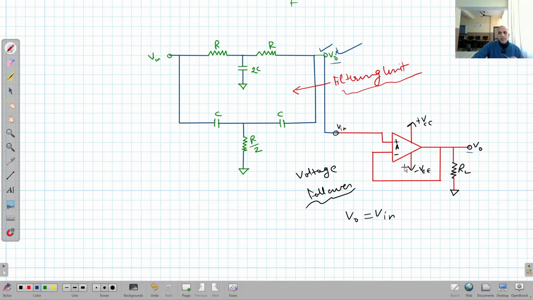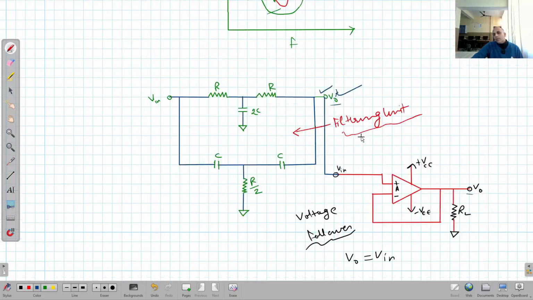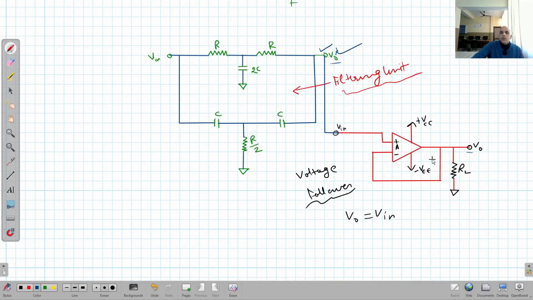It will also maintain whatever voltage level of the signal will be there. Otherwise there can be a decrease in the amplitude of the signal. So this is the use of this operational amplifier here. This question came to mind because the same amount of voltage that appears here is going to appear here. So what is the need of it? So the need is that.